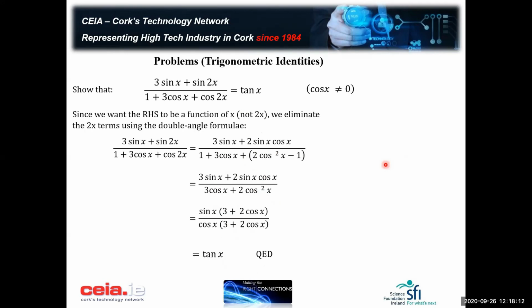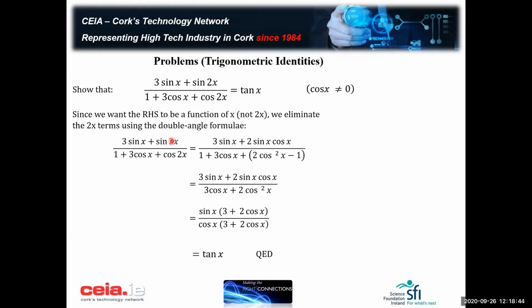A third trig identity here. You're asked to show that this equals this. So we try to convert the left-hand side into the right-hand side. Again, the right-hand side only has a function of x in it, whereas the left-hand side has some functions of 2x. So you use the double angle formulas to get rid of the 2x.